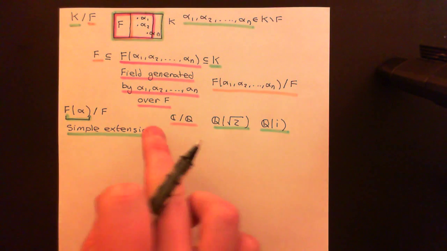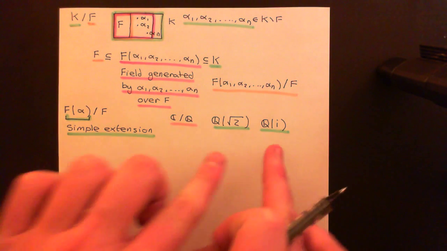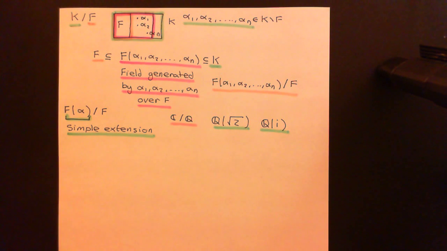Initially when you understand this, you should think of it always as being contained within some much bigger field, and we can pick some elements from that much bigger field that we'd like to have in, and then we can find the smaller subfield of that larger field that contains all of the field F, in this case the rationals, and that additional element that was outside of the initial field F.